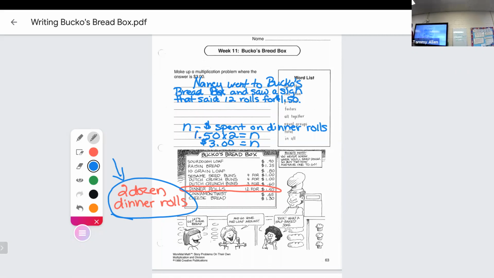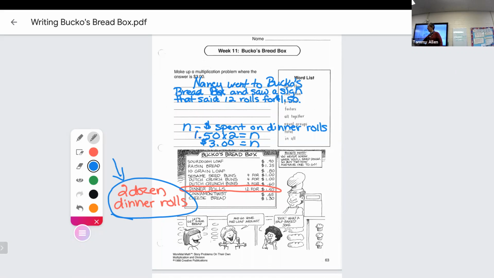Okay. Now, what else can we say? Okay, what are we going to use? Now, can we get away from using little words like get? Can we make it a little more exciting than get? Bought.